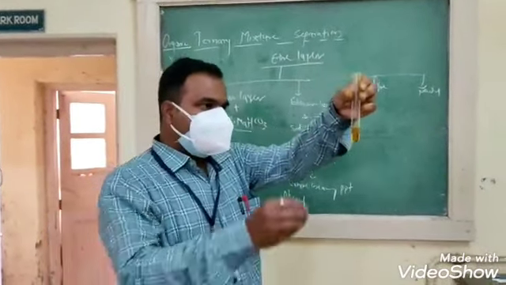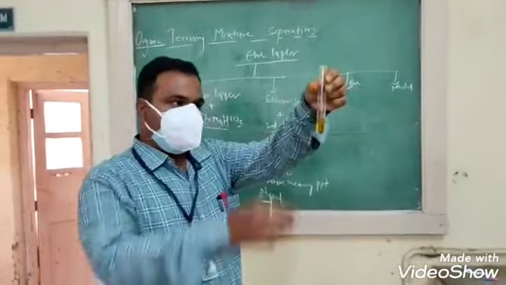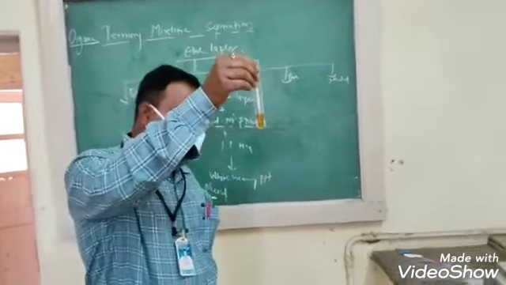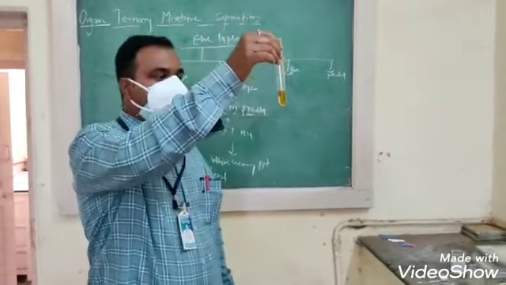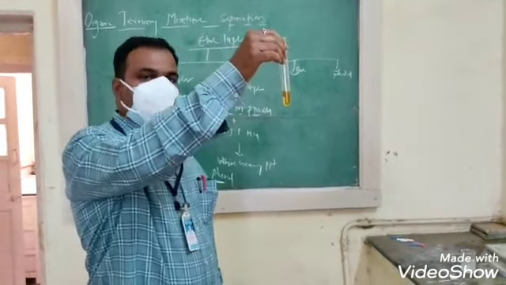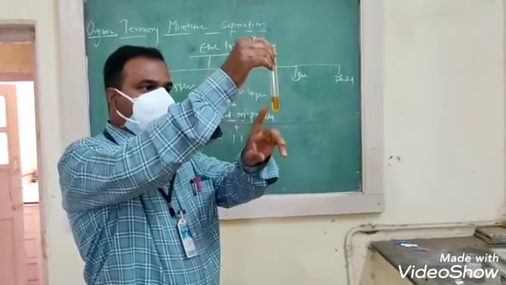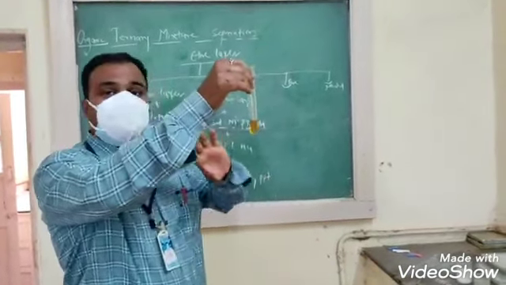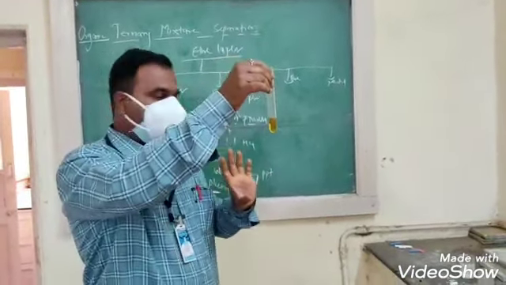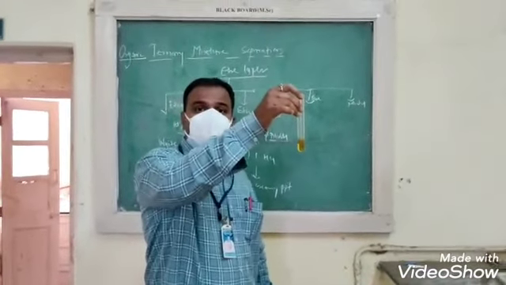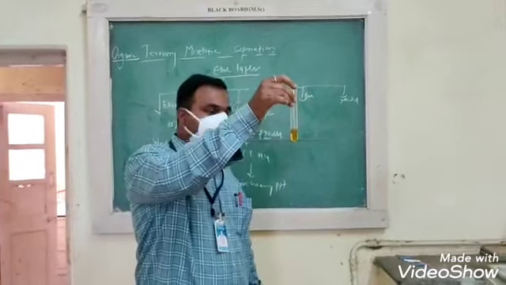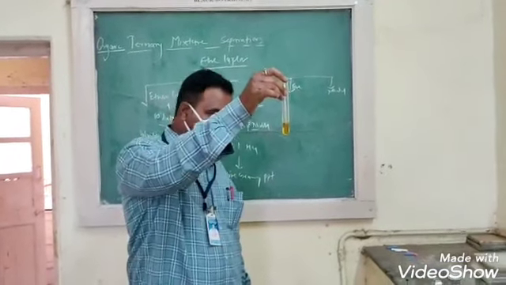Now we separate these two layers by means of a dropper or by decantation. After the separation, we add saturated solution of NaOH to the aqueous phase. If a yellow PPT is obtained, then we can say there is confirmation of a basic component in the given ternary mixture.